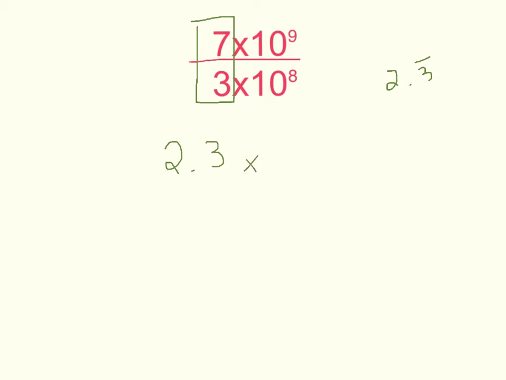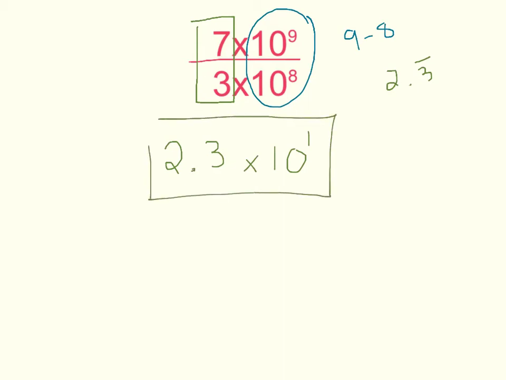And then times 10, when you're dividing powers with the same base, you subtract your exponents. 9 minus 8, which is 1, so 10 to the power of 1. And now let's check for proper scientific notation. Because the decimal is right after the 2, we're good. It's already in proper scientific notation, so that was super easy.